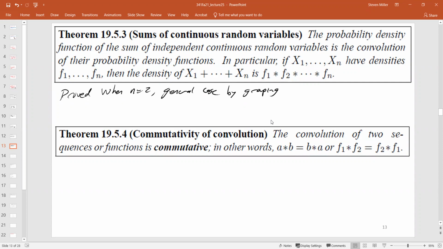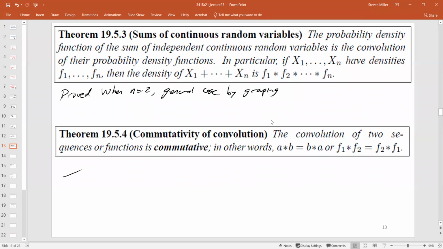Technically, the simple proof only holds when these come from probability distributions. Because when they come from probability distributions, then F1 star F2 is the density of the random variable x1 plus x2, which of course is the same as the density of x2 plus x1, because addition is commutative. In the general case, when these distributions are not probability distributions, you have to go back to the definition, and you have to do a little bit of work.